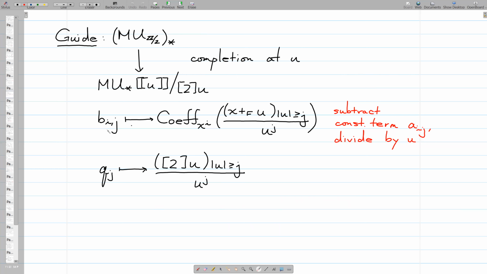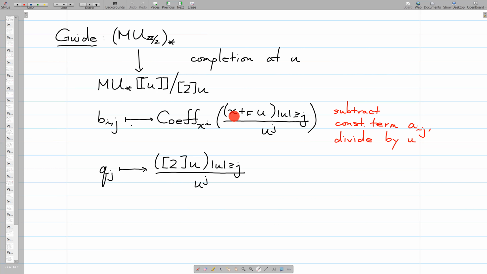So where do the Bij's come from? This will turn out to be the completion at U of MU Z mod 2 star, by the completion theorem of Greenlees and May.